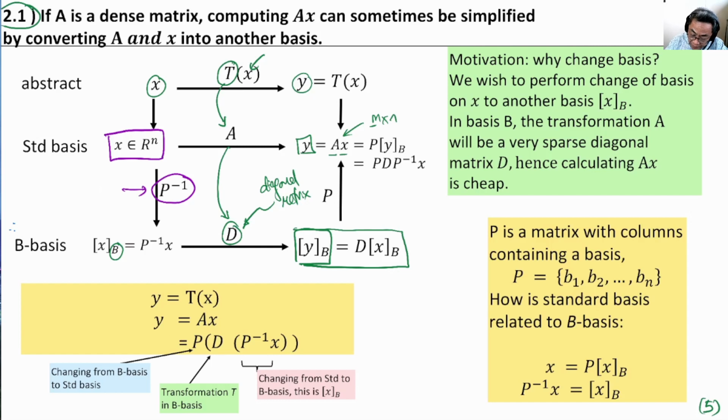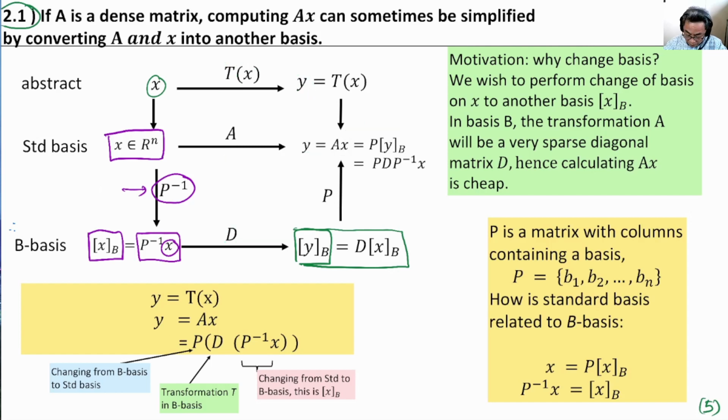So here is the fact. x of b is generated by P minus 1 times x in the standard basis. This fact is also here. Now the operation on the B basis is D times x of b. This gives us y of b in the B basis.